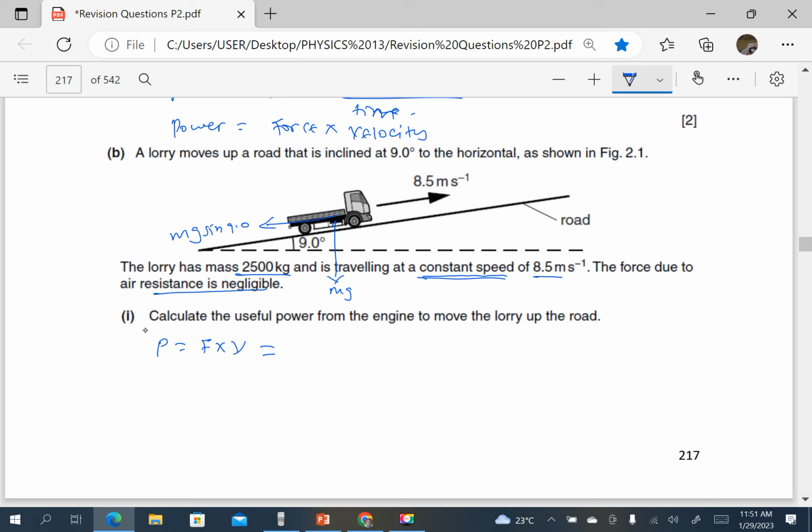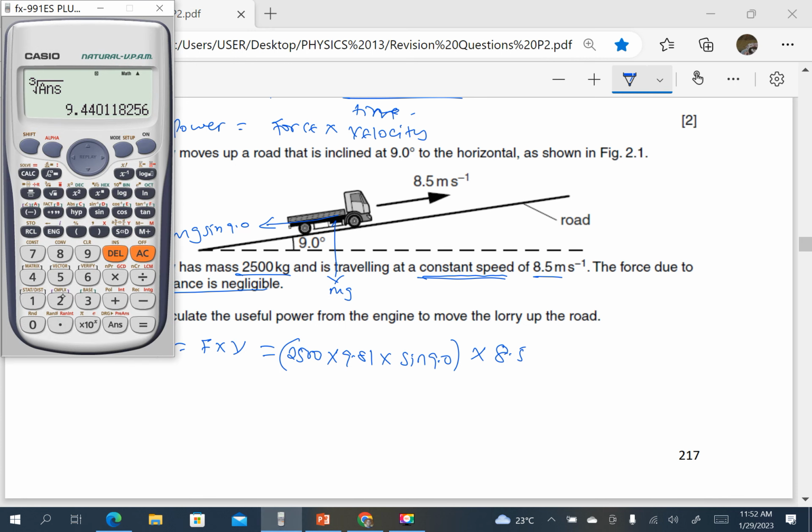The force is mg sine 9.0, which is 2500 times g, 9.81, times sine of 9.0. That is the same as the force up the plane because of the constant speed, times the speed, which is 8.5.